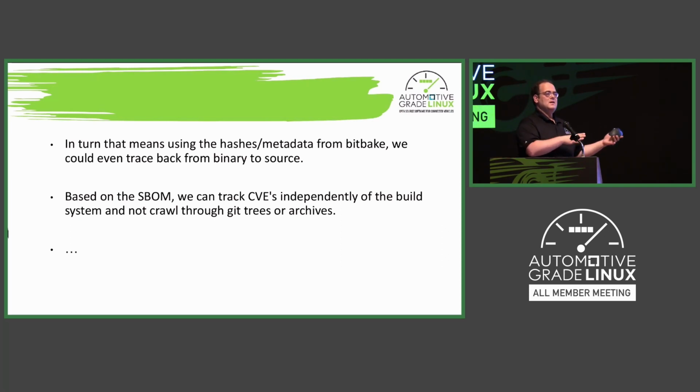Once a build is done, we lose a lot of information, remember? At the end we have an image that we put on an SD card, but we lose all the information on how it was created. And the SBOM essentially tracks that information.